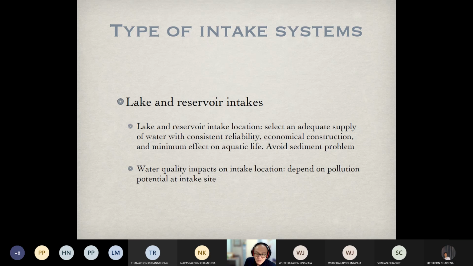And we need to consider the constructions, because constructions in the lakes and reservoir may not be very easy as compared to the river. And we need to think about the sedimentation problems, especially the reservoir.